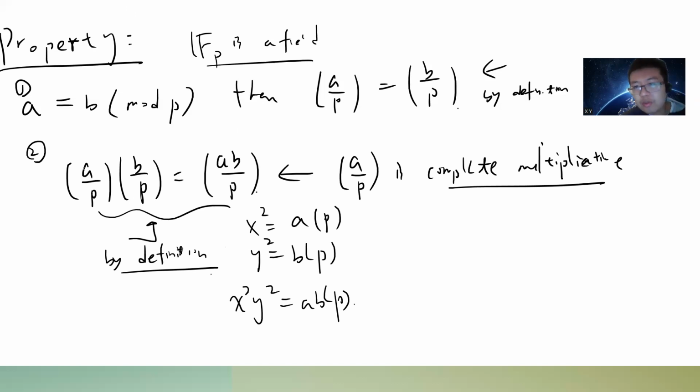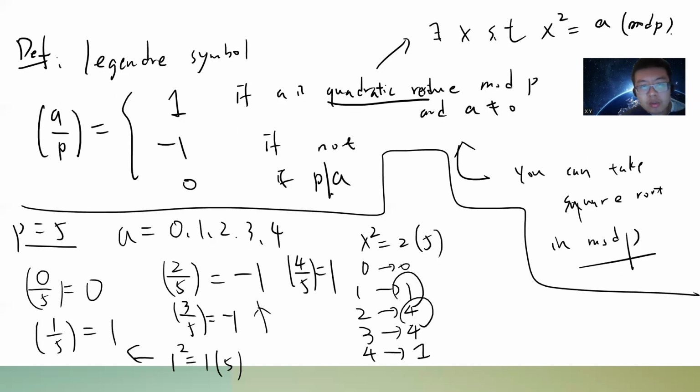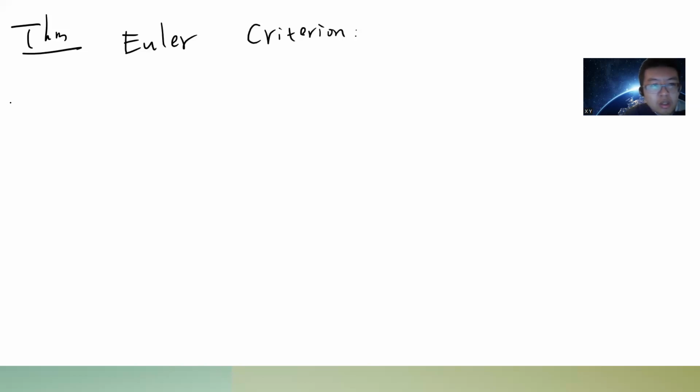Well, these are two simple ones. Now we are going to talk about the first non-trivial fact, namely Euler's Criterion.